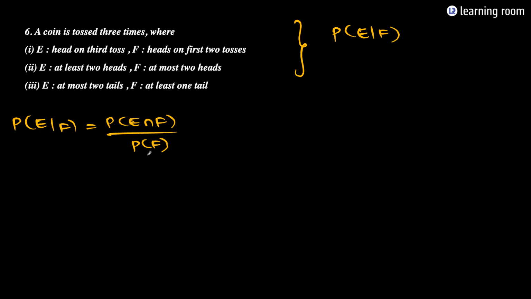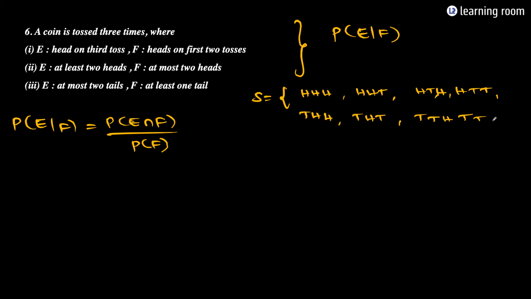So the sample space, 3 coins are tossed, means S will be equal to head, head, head; head, head, tail; head, tail, head.